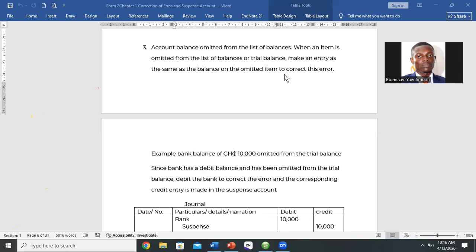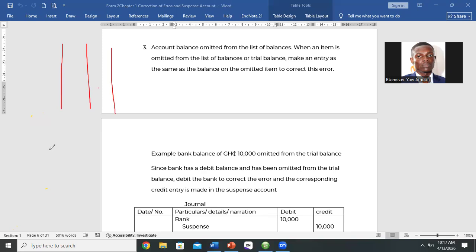So let me explain this. List of balances is simply the trial balance because the trial balance is a list of account balances. So this error happens when, at the time that you are preparing your trial balance, you omit an account balance. In other words, you didn't send one of the account balances there.